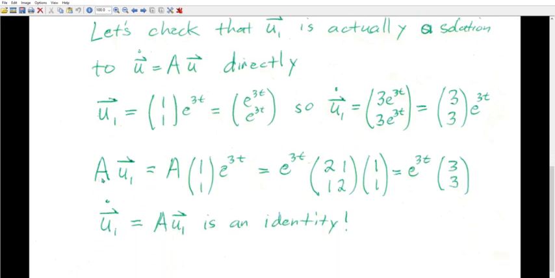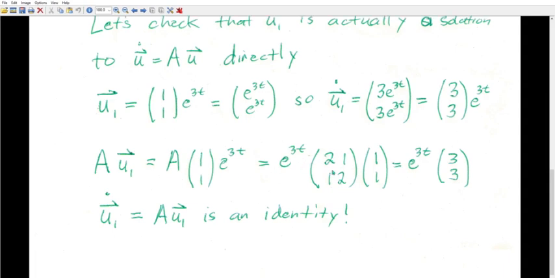Now, what's Au1? Well, it's A times (1, 1) e to the 3t, because that's u1, which is e to the 3t, which I'm just using now as a scalar and factoring out in front, times A, which is (2, 1; 1, 2), times (1, 1). And now if you do that calculation, (2, 1) dotted with (1, 1) is 2 plus 1 or 3. (1, 2) dotted with (1, 1) is 1 plus 2 or 3.